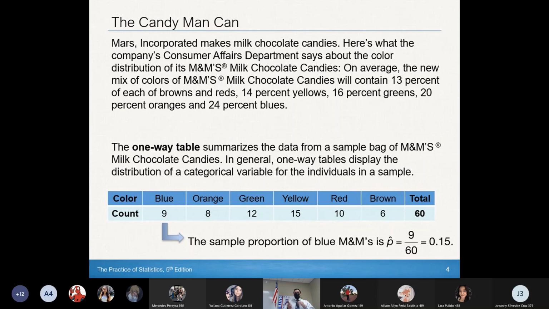Right. If all I wanted to do was test whether or not their claim about the percentage of blue M&Ms was correct, I could just do a one sample t-test, as we've done previously. But that only tells me information about one of the colors. Okay.